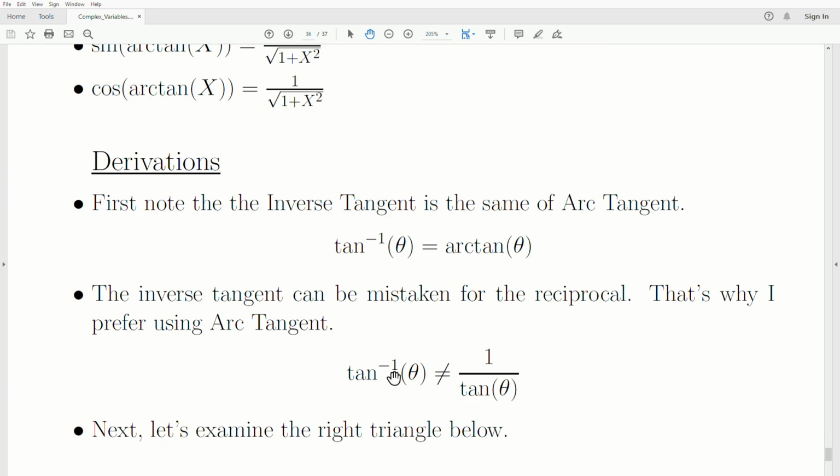The inverse tangent of theta is not equal to 1 over the tangent of theta. This exponent's not really an exponent when it's -1. It means inverse tangent. But if it's a positive number, say 2, then it is an exponent. Tangent squared of theta is equal to tangent of theta times tangent of theta. So we're going to use arctangent instead of this notation.